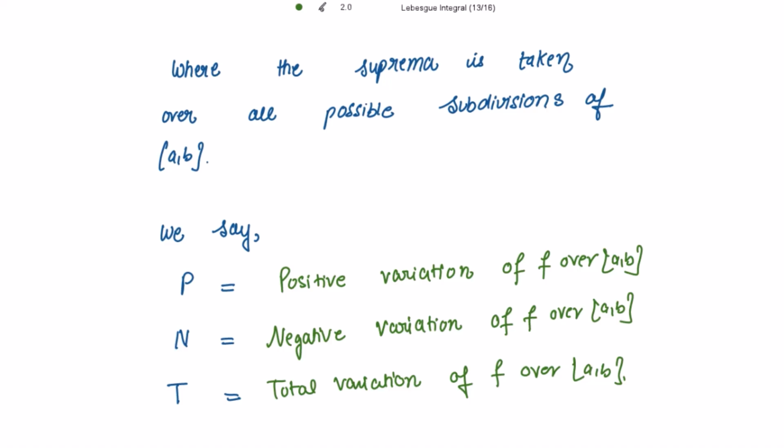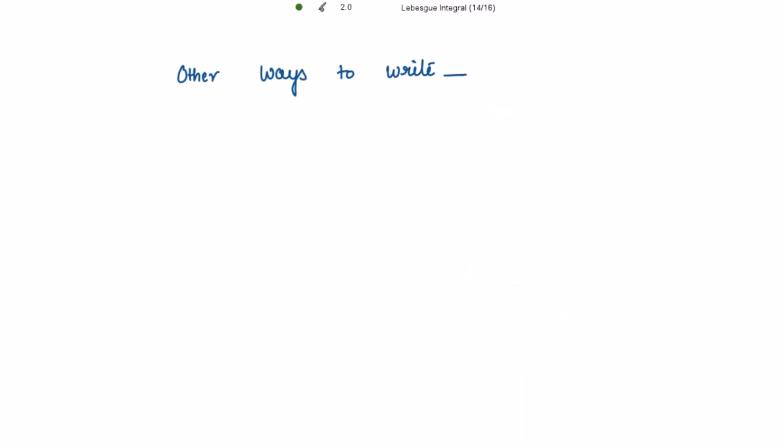Very fine. And sometimes we write another way to express these, that is P with subscript ab, the positive variation of f over closed interval [a, b].